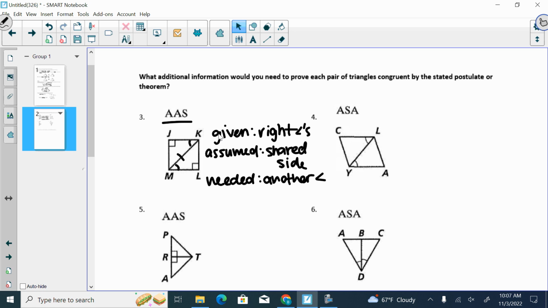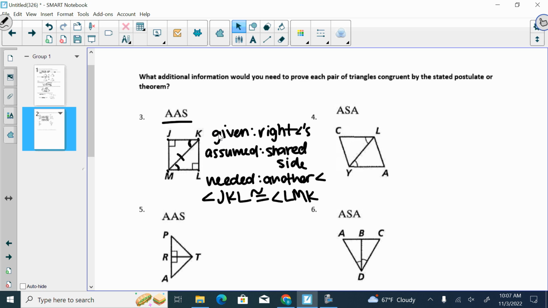Okay, so I would make the statement that we need angle, I'm going to call this one up here, JKL, has to be congruent to angle LMK. And then this would be true by angle, angle, side.